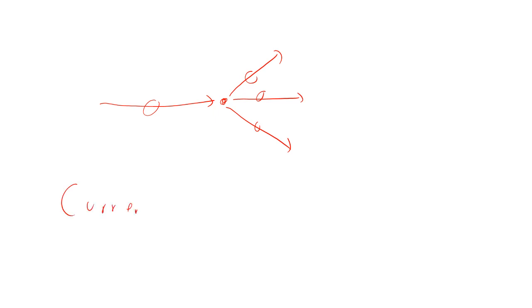I can summarize the junction rule: if I have a junction here and I have multiple currents coming out, this is going in, these are going out, and I would define current in. The sum of the current in equals the sum of the current out.